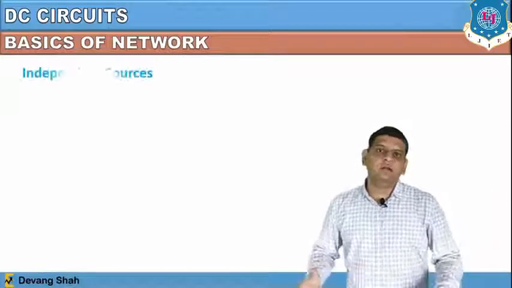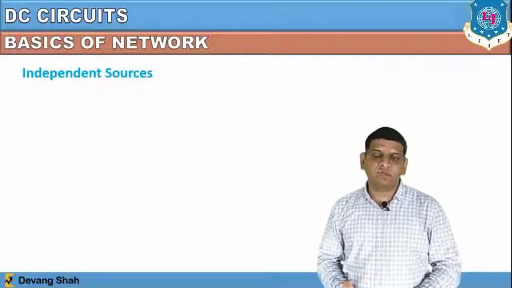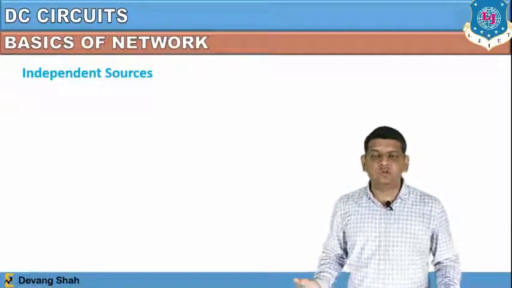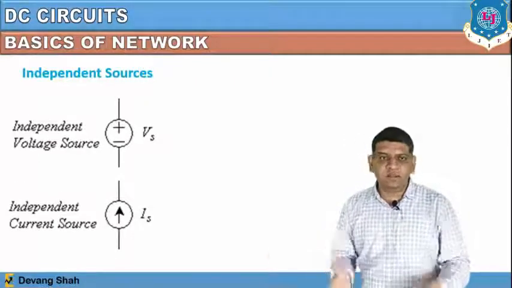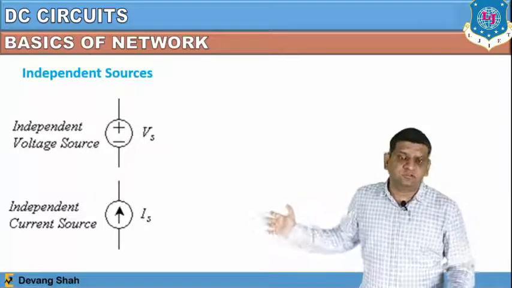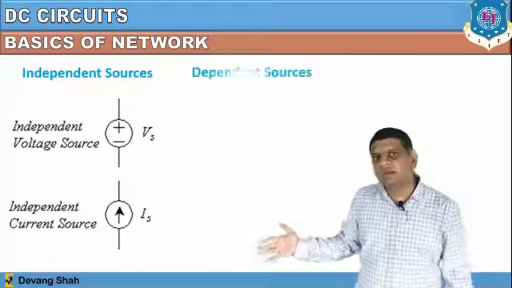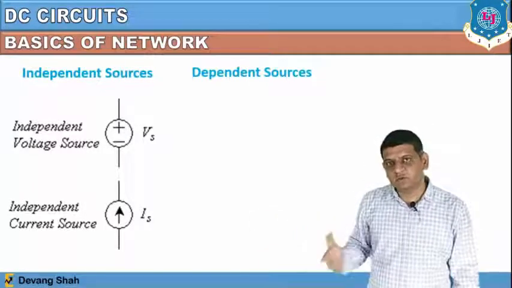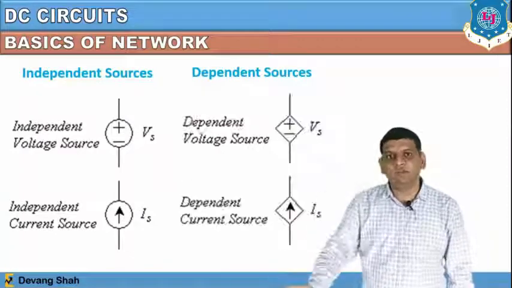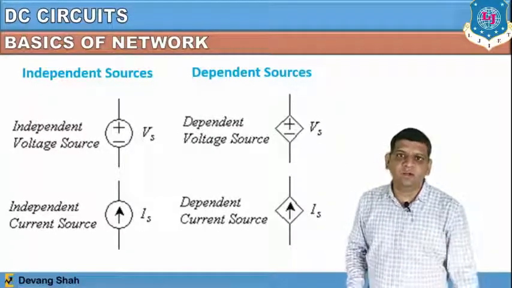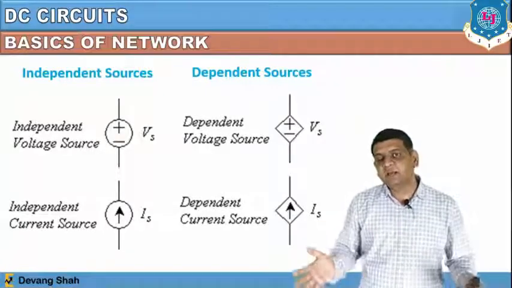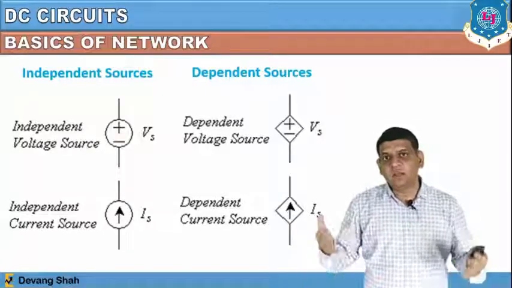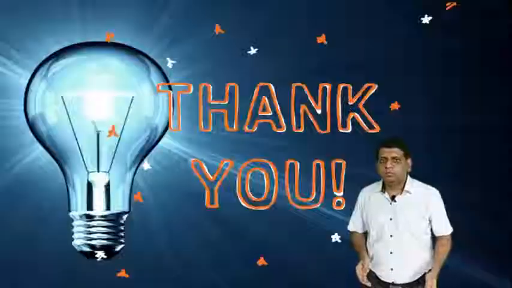Again, there are various types of sources: some are independent sources, defined by these symbols, and some are dependent sources, where the source itself depends on some other source. These are the various components and elements that can be involved in a circuit design.